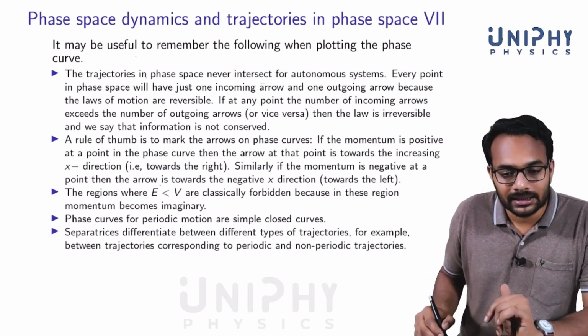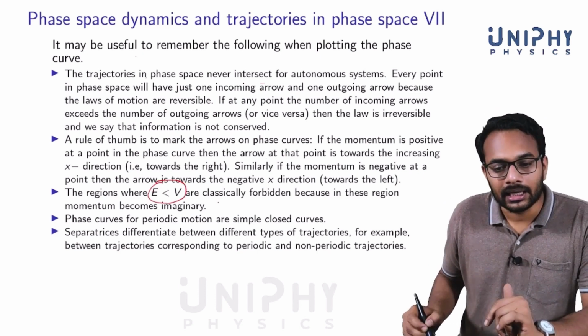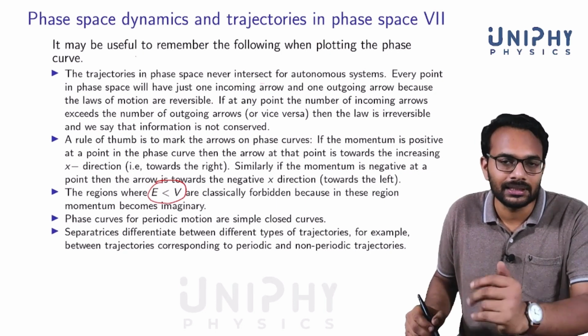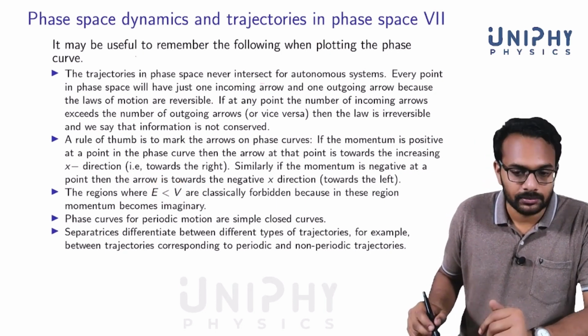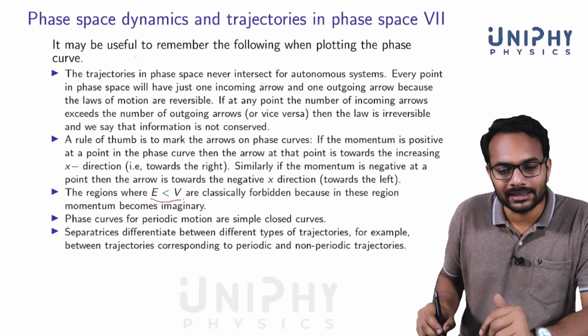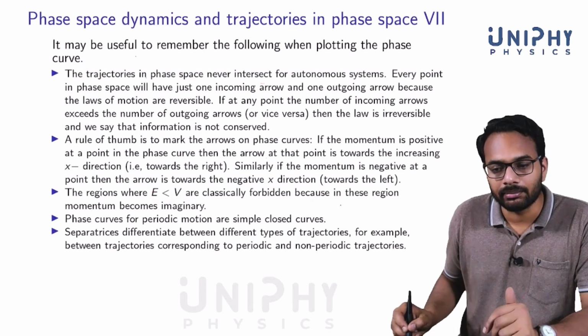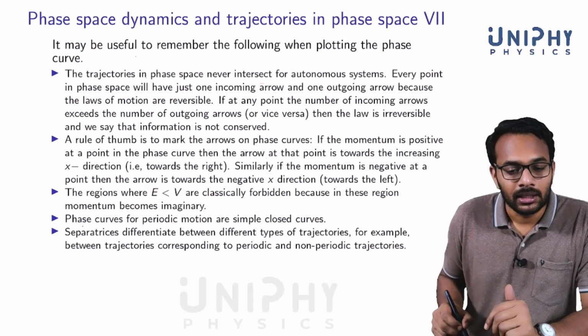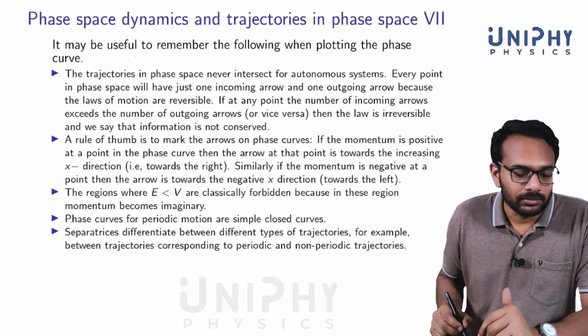It's very easy to see which are the regions where E is less than V. We will see this in some of the plots. So the regions where E is less than V are classically forbidden because in these regions momentum, or velocity, becomes imaginary.